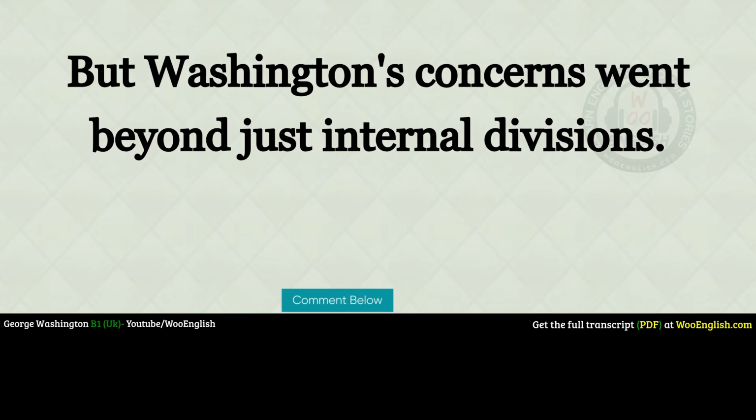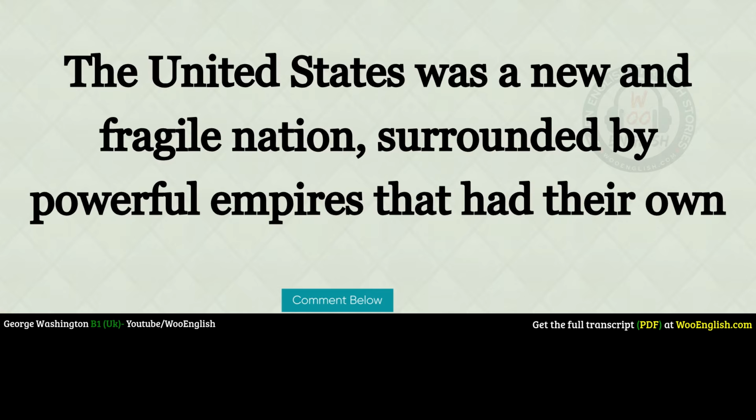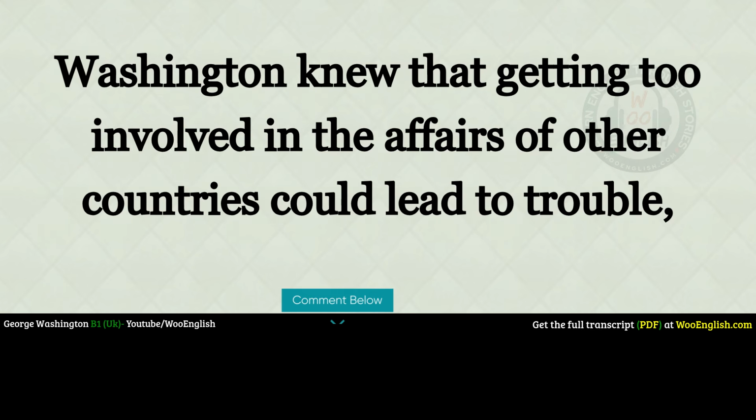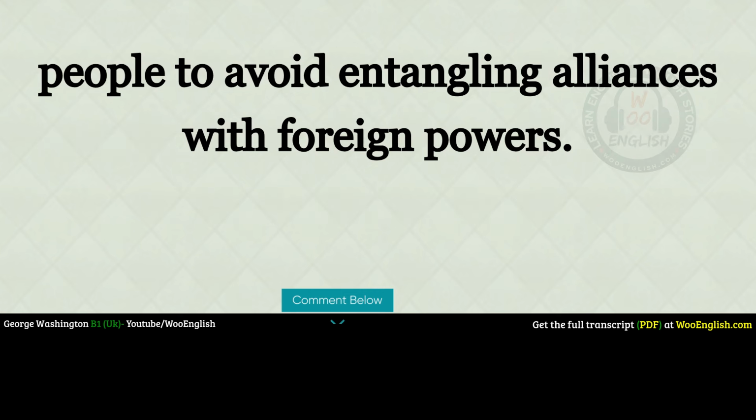But Washington's concerns went beyond just internal divisions. He also worried about the nation's place in the wider world. The United States was a new and fragile nation, surrounded by powerful empires that had their own interests. Washington knew that getting too involved in the affairs of other countries could lead to trouble, to wars that the young nation could not afford to fight. In his farewell address, he urged the American people to avoid entangling alliances with foreign powers.